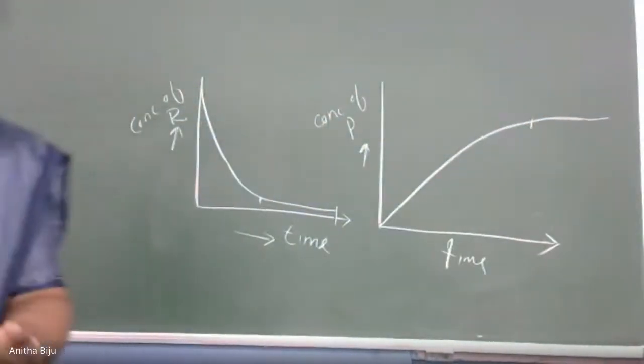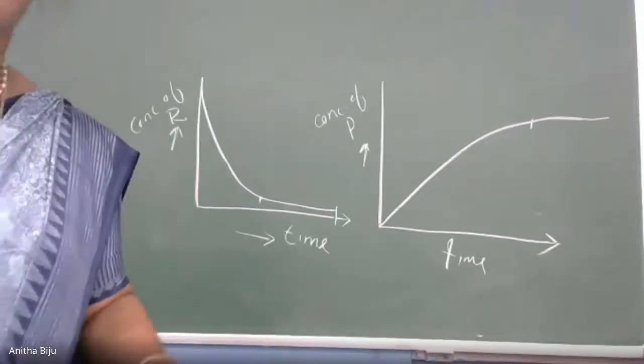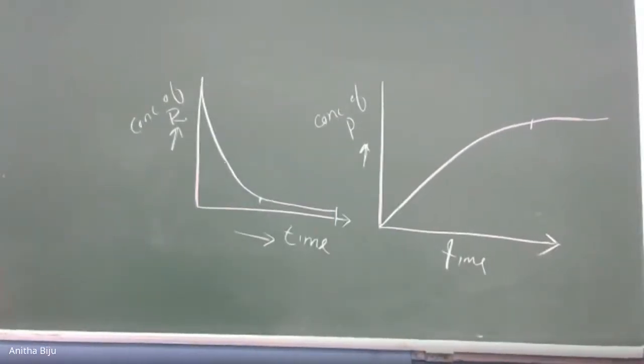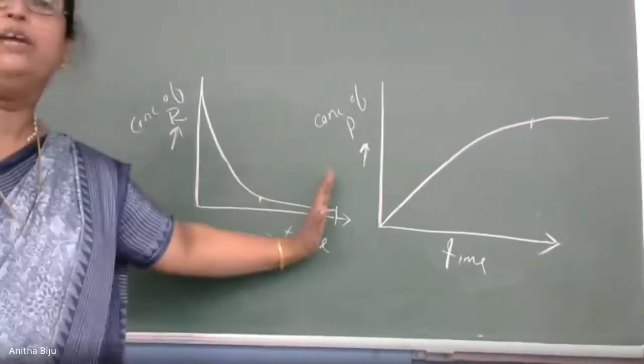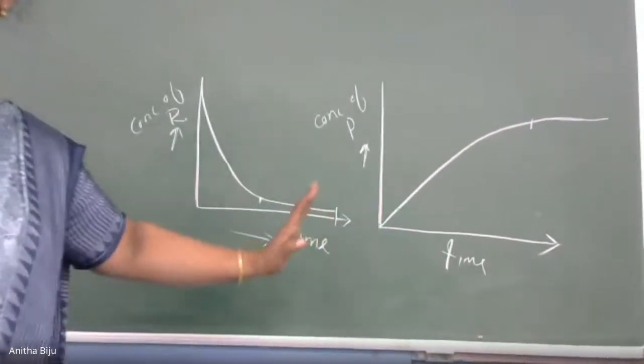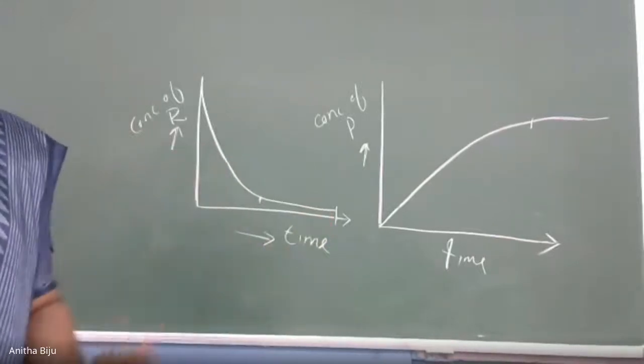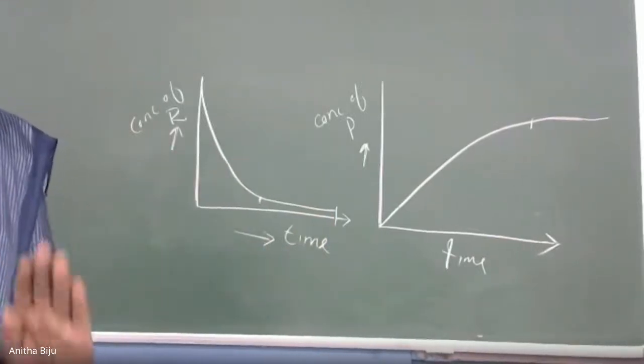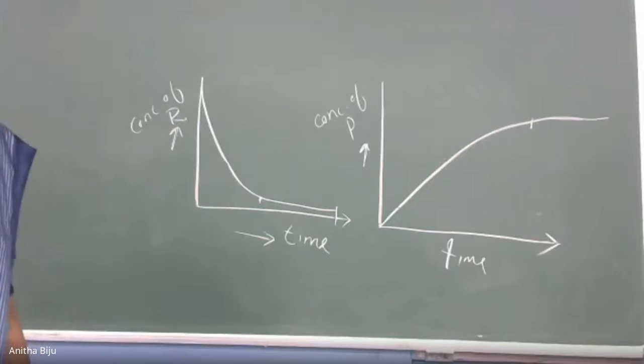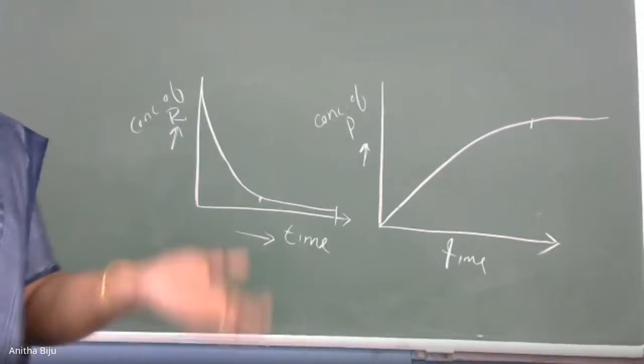So for a reversible reaction, what does this parallel line signify? This parallel line signifies that the reaction reaches an equilibrium state. Got it? The reaction reaches an equilibrium state.